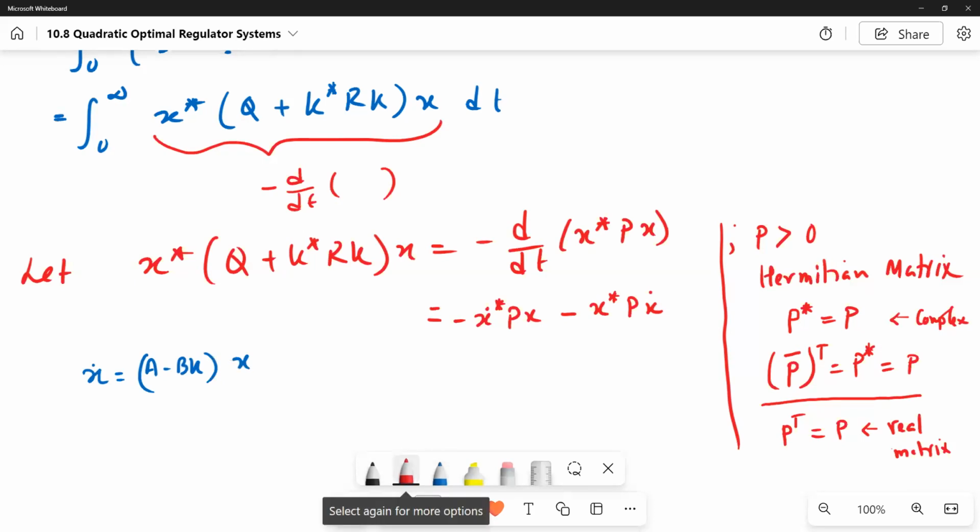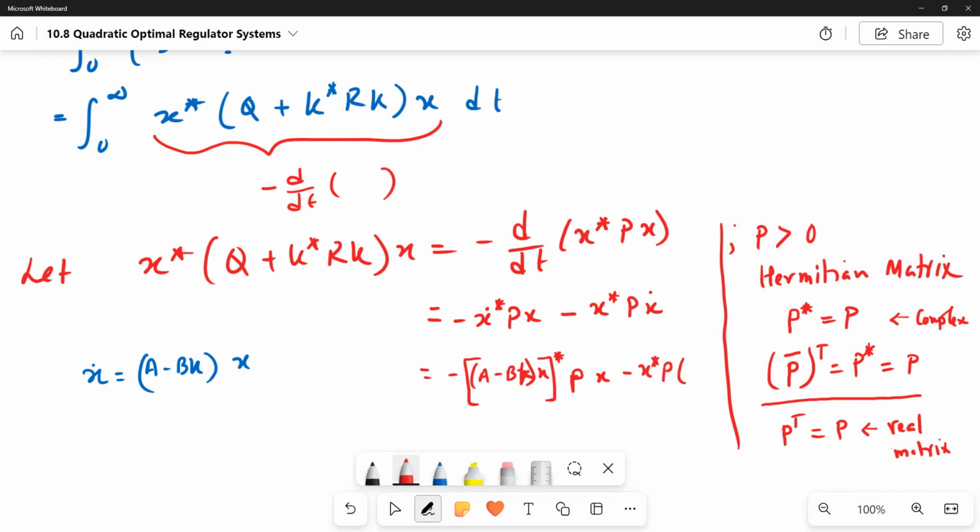This will give us minus x star (A minus BK)x, whole thing will have transpose or conjugate transpose, minus P x minus x star P, then simply (A minus BK)x.